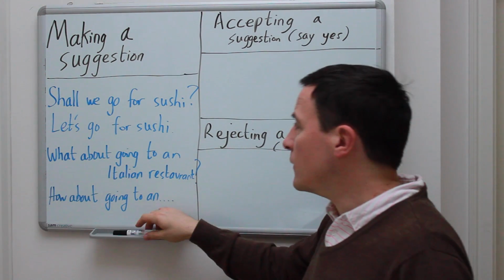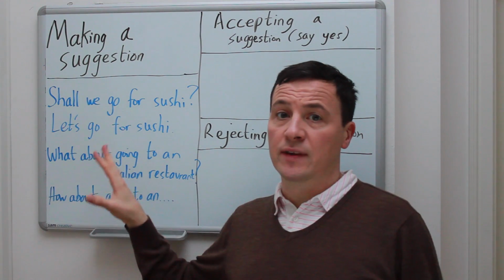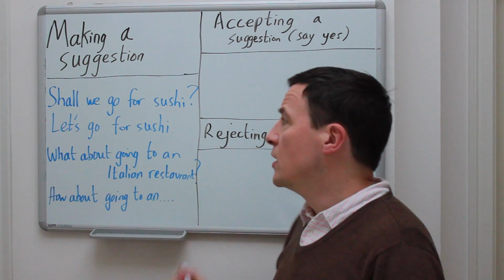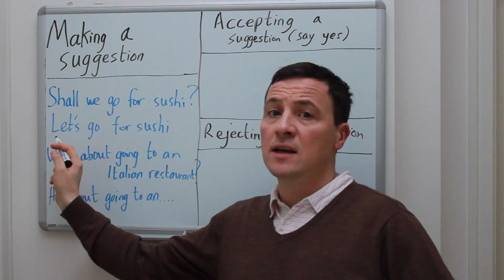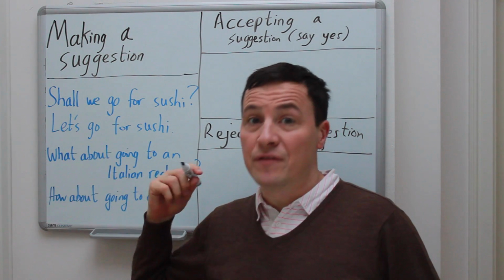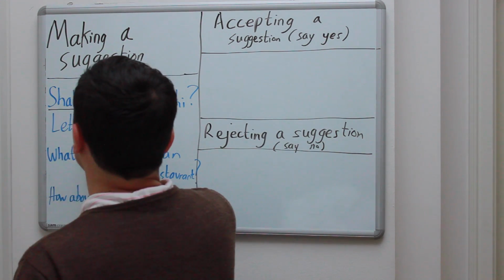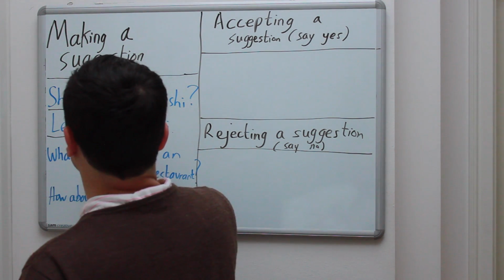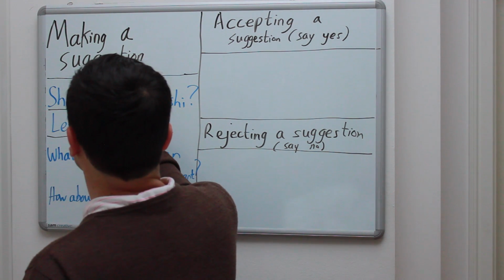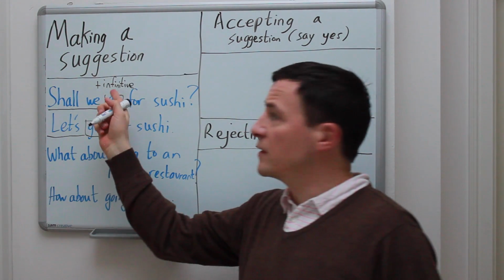Okay, what I would like to show you here is that the grammar of these phrases is a little bit different. So when we say shall we and when we say let's, this is followed by an infinitive without to, a bare infinitive.